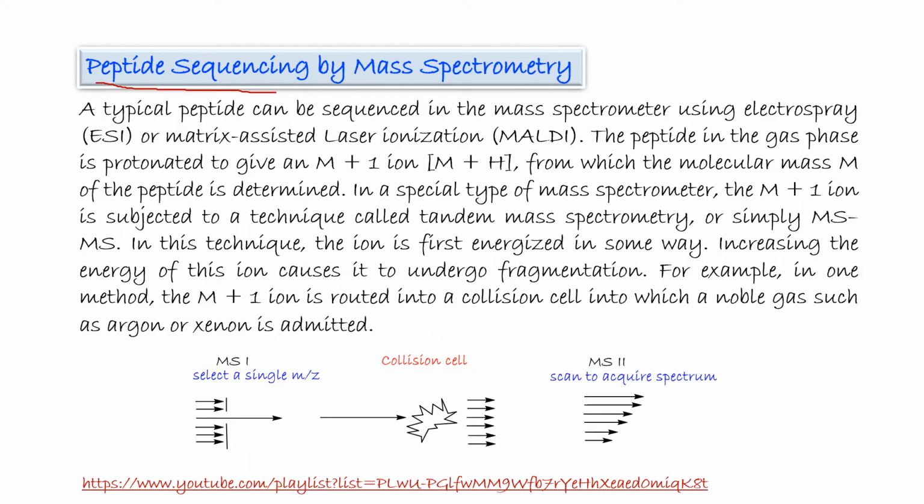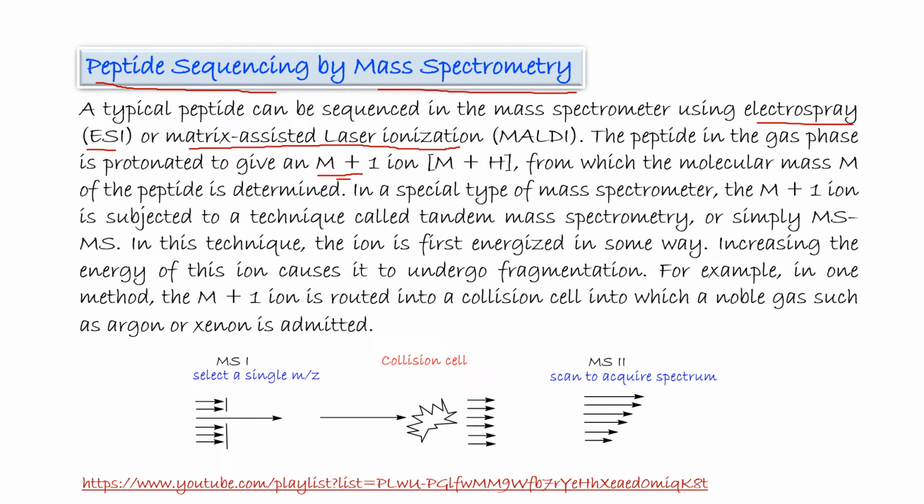Peptide sequencing by mass spectrometry. A typical peptide can be sequenced in the mass spectrometer using electrospray or matrix-assisted laser desorption ionization techniques. The peptide in the gas phase is protonated to the M+1 molecular ion.